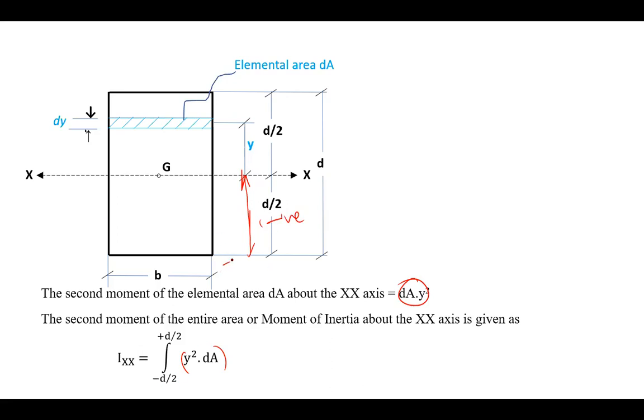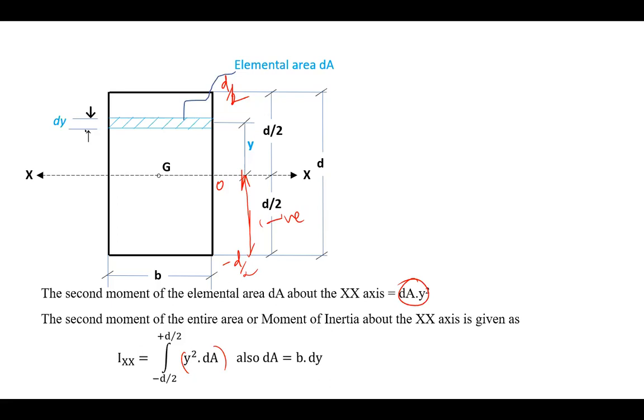So it is minus d by 2 at the bottom, 0 at the axis, and plus d by 2 at the top. Therefore y varies from minus d by 2 to plus d by 2. The next steps are very simple: do the integration and substitute those limits.